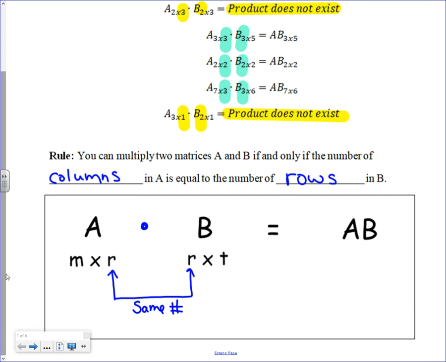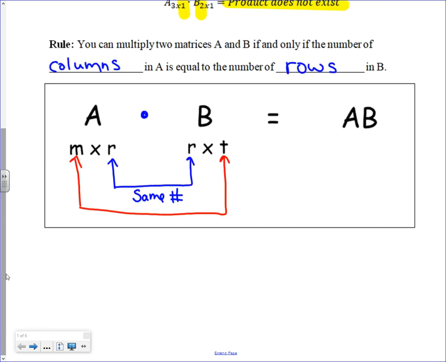And also, if you notice the pattern above, this number here and this number together form the dimensions of the answer. This will be the dimensions of AB if these match, if these are the same.